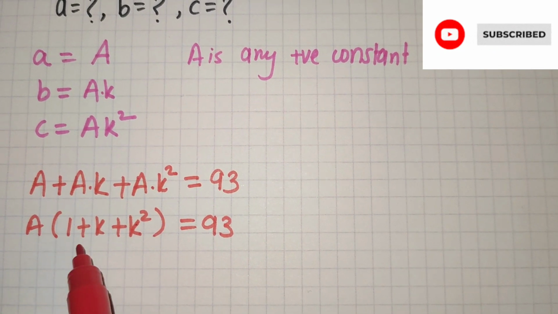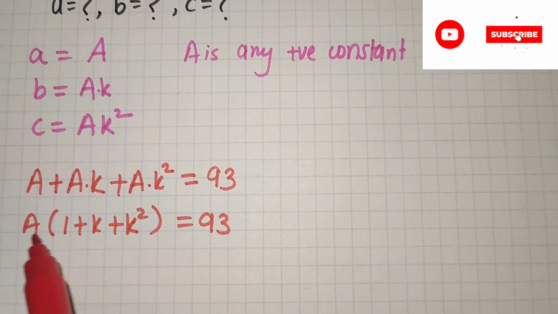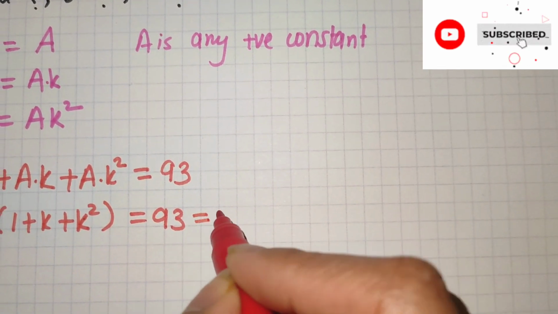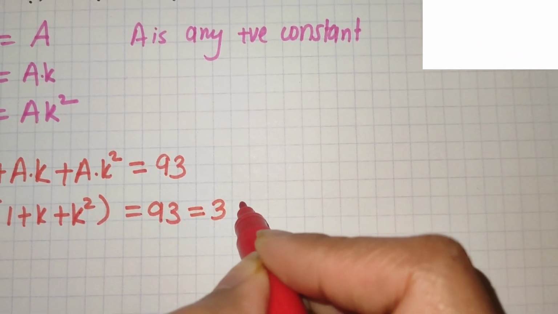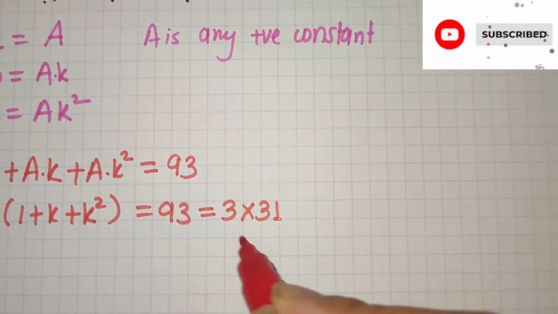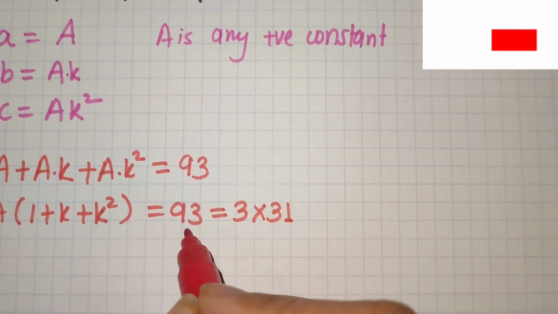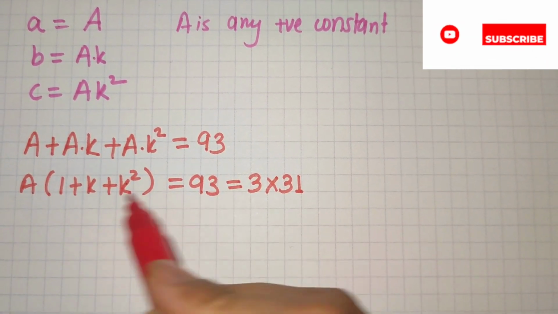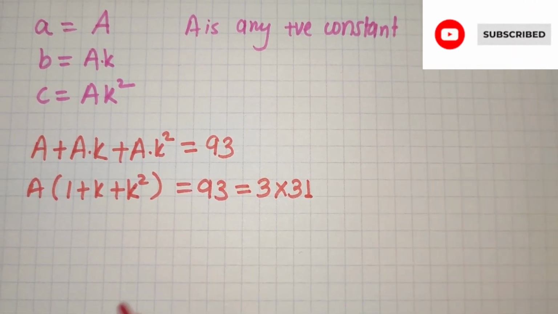Now on the left hand side, I have the product of two numbers. So 93 can be written as a product of two numbers, 3 times 31, which are the factors of 93. So it is possible that a could be 3 or a could be 31.